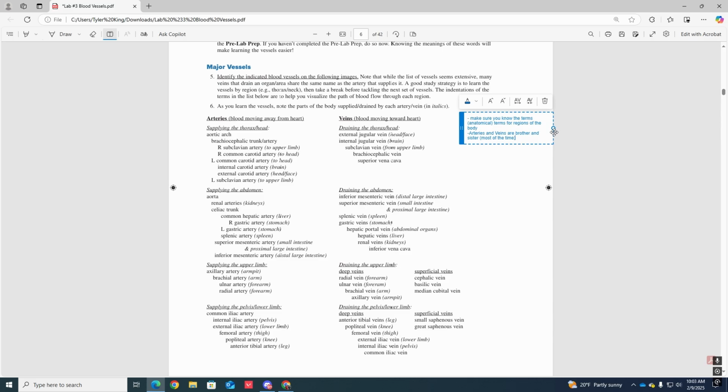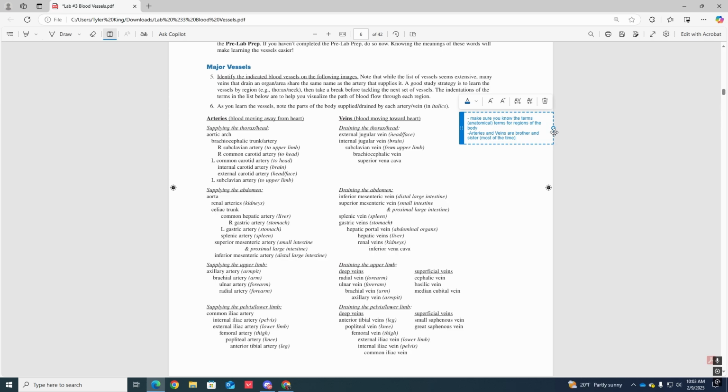The only thing you're changing is the vein to the artery. For example, brachial artery, brachial vein. They're brother and sister. They run right next to each other. So we have the radial vein, radial artery. That's a great example. Left subclavian artery, subclavian vein, for example. Most of the time you're going to have a brother and sister.